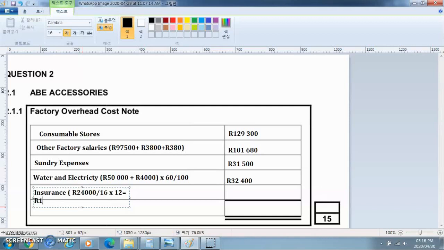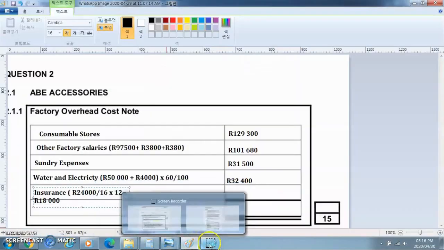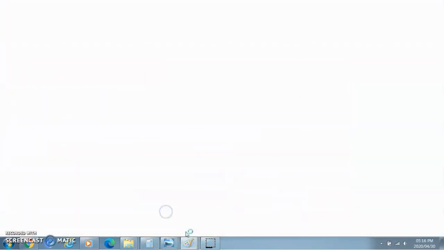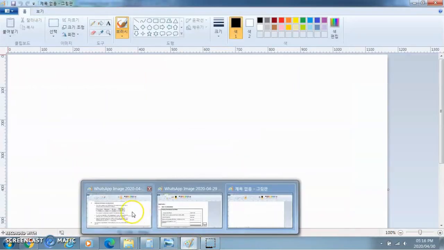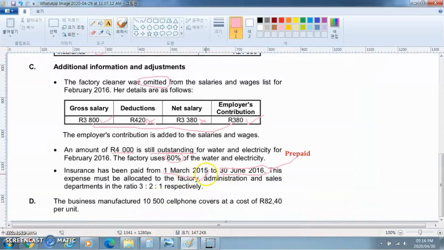Don't forget, we're not done with the question. We still need to go back to the transactions to make sense of everything. I'm going back to my transactions here, and they're saying these expenses must be allocated to factory, administration, and sales department in the ratio 3:2:1 respectively.